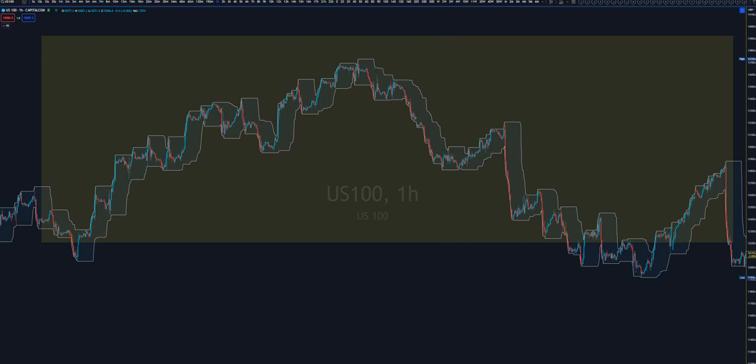We are in hourly, and as we can see, the market broke out at this level. That means on the daily time frame as also on the hourly. And we see here that the Donchian channel is moving also upside.